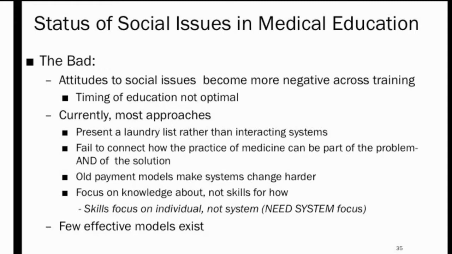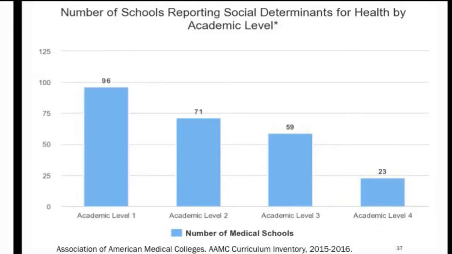Some of it also has to do with the timing of education. We tend to teach this as knowledge in the first part of medical education. So we teach people to know about social determinants, but we don't put it into the clinical years where people learn what to do, what skills they can use to make a difference.